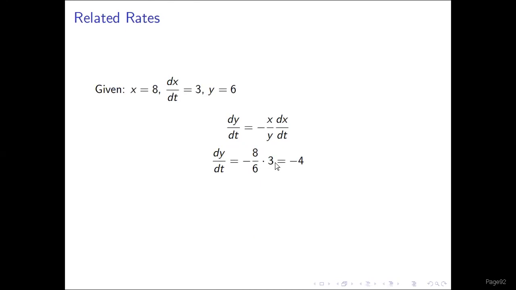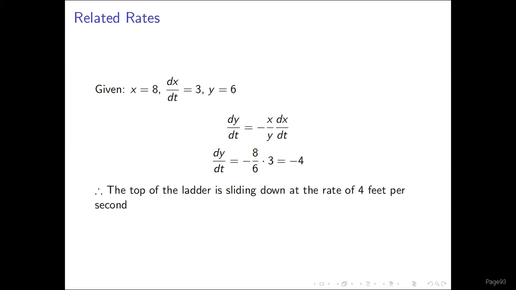You get negative 4. And of course, you expect a negative result since the top is sliding down so that y is decreasing. So it's sliding down the wall at the rate of 4 feet per second.